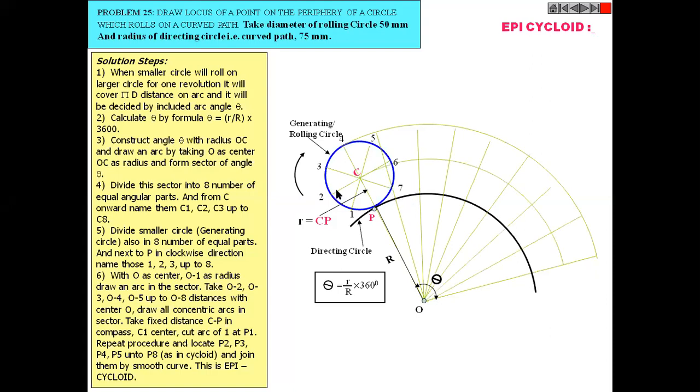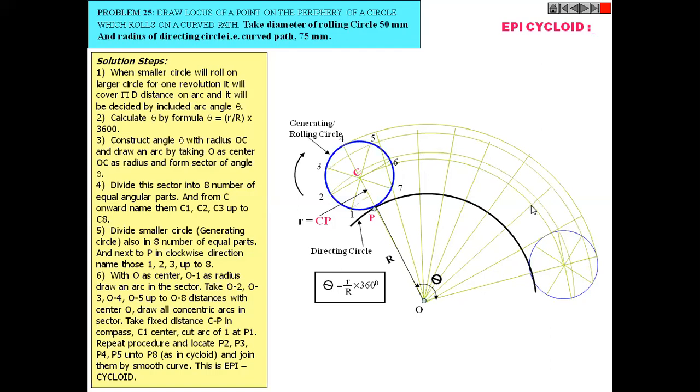Then draw the central line, with O as a center and OC as the radius, and draw the arc. Then you have to mark the different center positions.